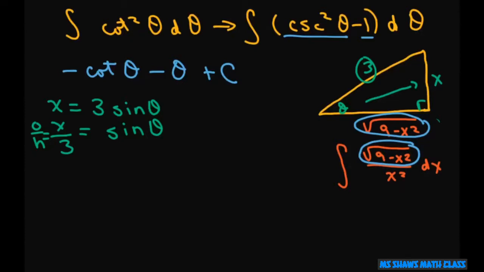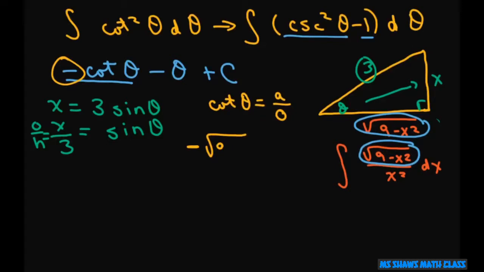All right, so now let's substitute. So we need negative cotangent of theta. So cotangent, remember, is adjacent over opposite. So adjacent is going to be, so we have our negative here, square root of 9 minus x squared. And then our opposite is x, minus our theta.